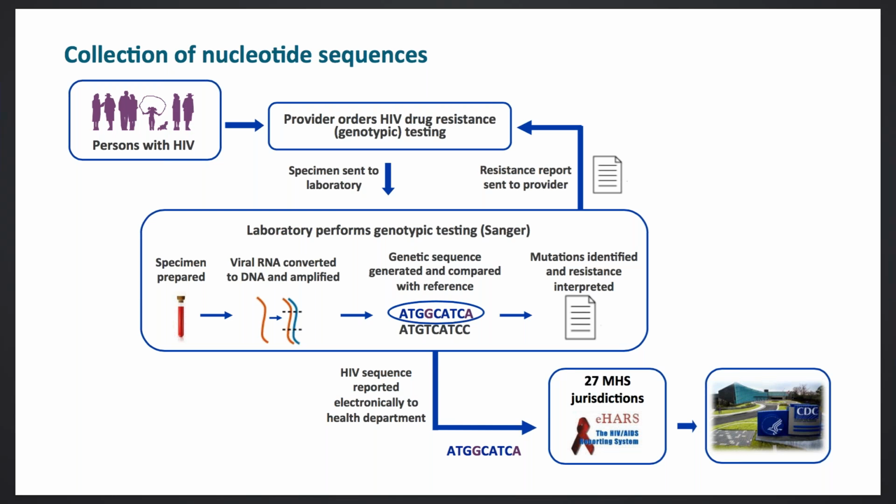Those mutations are identified and then interpreted to understand whether there is the presence of mutations that are associated with drug resistance. What the provider gets back is a resistance report. But what we get through molecular surveillance is that HIV sequence, which is an intermediate byproduct of this process. And that's reported electronically to health departments and then on to CDC in a de-identified form.